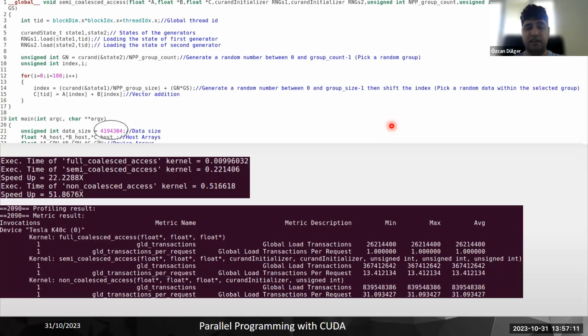When we extend the data size to 2^22, now we obtain 22x speedup with semi-coalesced access. Still, it is a good result for us when we compare it with the non-coalesced access.